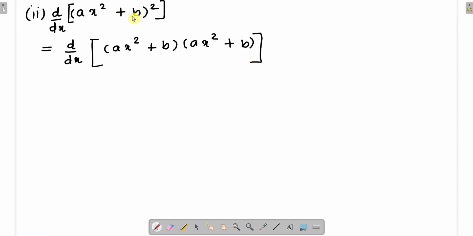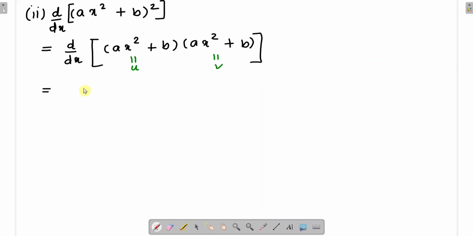If it was x square, you could have written it as x multiplied by x. Now here it is ax square plus b the whole square, so 2 times ax square plus b will be there, right, multiplied. Okay, now again you can see this is of the type uv, product rule you have to use, as we have used for the sub problem 1.